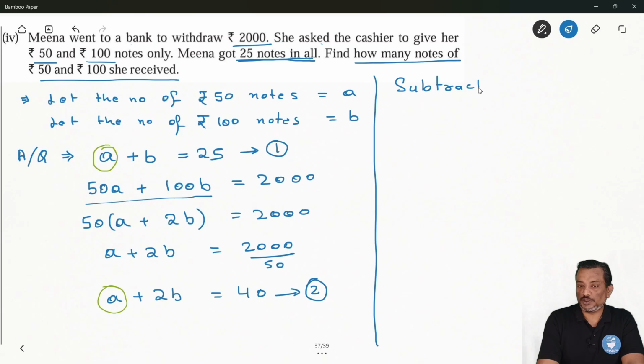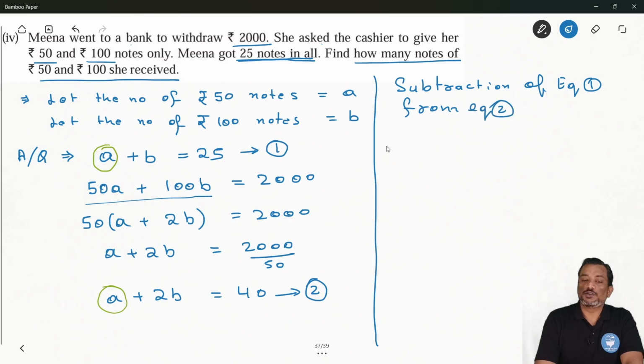Subtraction of equation 1 from equation 2, okay. So what you have, equation 2: a plus 2b is equal to 40.